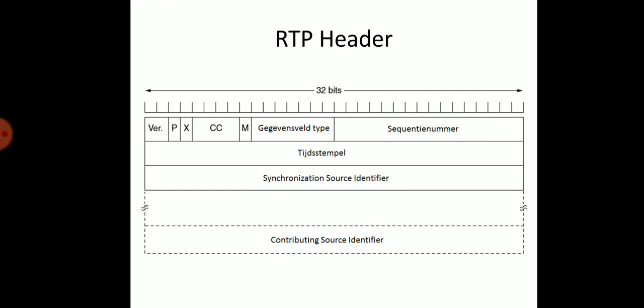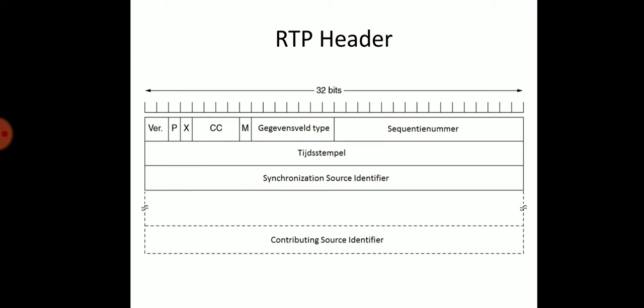This field indicates which encoding algorithm has been used, and its interpretation is determined by the application. Then the sequence number: this is a 16-bit field incremented by 1 each time an RTP packet is sent. The receiver can use the number to detect packet loss and to recover the packet sequence.